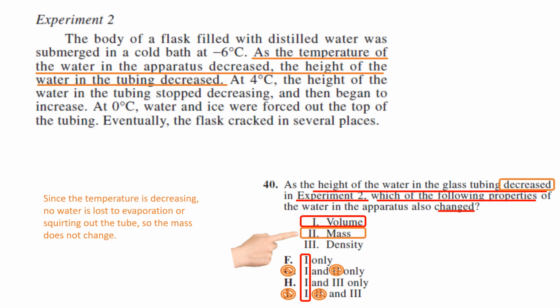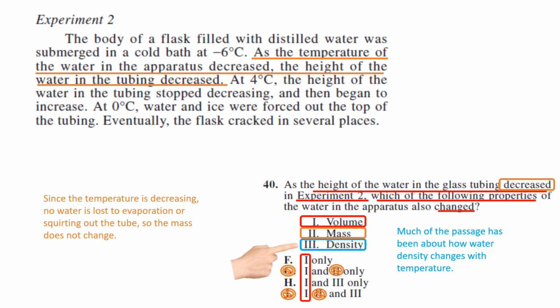None of it's squirting out the tube, none of it's boiling away. So the mass doesn't change. Those two would be connected, right? And so we're going to eliminate 2. Density, we know density changes as water heats and cools. That's actually been a main focus of the passage. It's also a piece of knowledge you might just have. So choice H, 1 and 3.